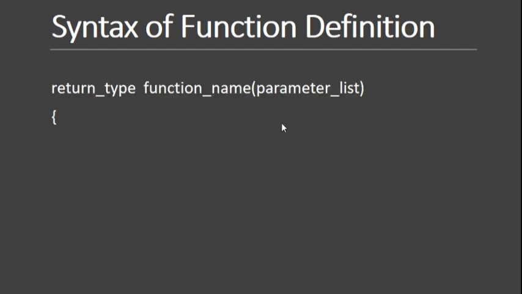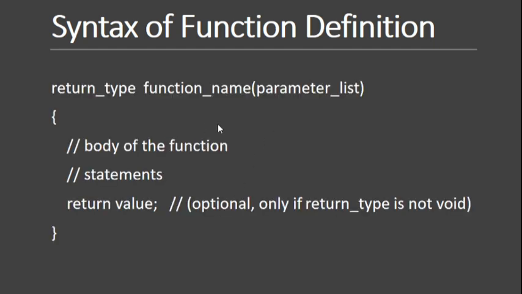Syntax of function definition. Just the return type, which we already know, the function name, already discussed, and the parameter list. I may write int a comma int b like that. So here, from this open curly bracket to the close curly bracket, it is nothing but the function definition. Here I may write int a equal to 10. Okay, now int b equal to 20.